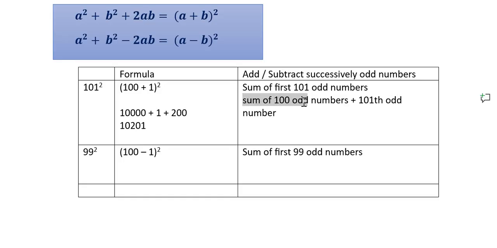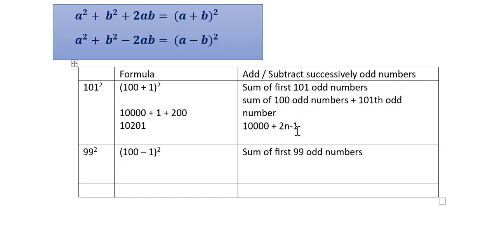The first part is easy because the sum of the first 100 odd numbers is the square of 100, which is 100 into 100, plus the 101st odd number. So how do we find the 101st odd number? The formula is 2n minus 1.